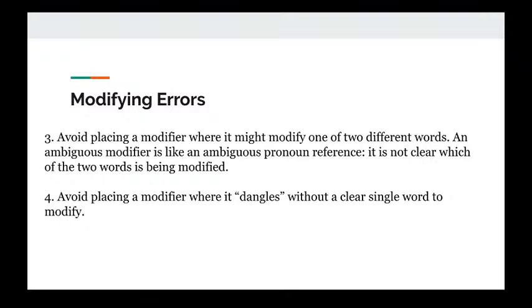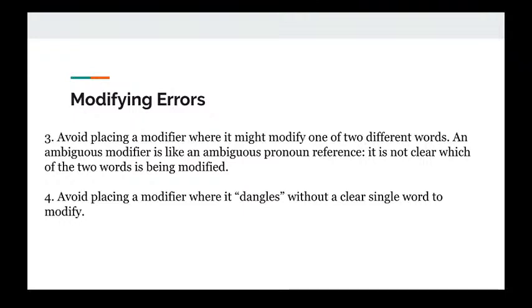So rules 3 and 4, we have avoid placing a modifier where it might modify one of 2 different words. An ambiguous modifier is like an ambiguous pronoun reference. It is not clear which of the 2 words is being modified. Again, for more examples, I recommend going to the lesson, but since we're just listing the rules, I'm going to move on to rule number 4, avoid placing a modifier where it quote-unquote dangles.